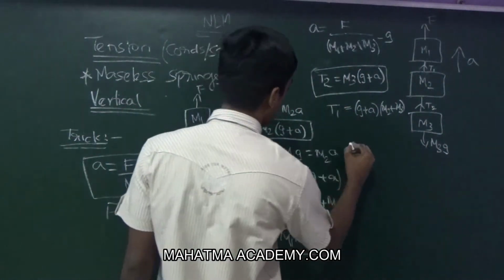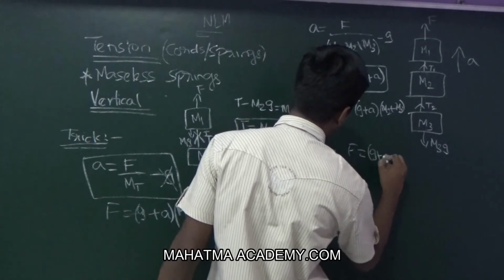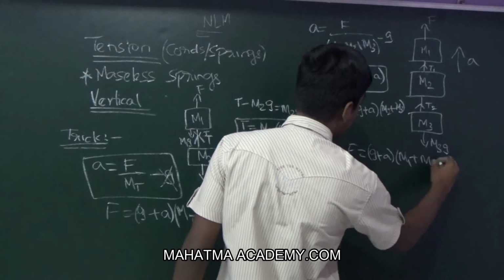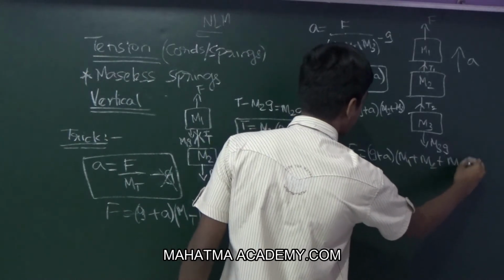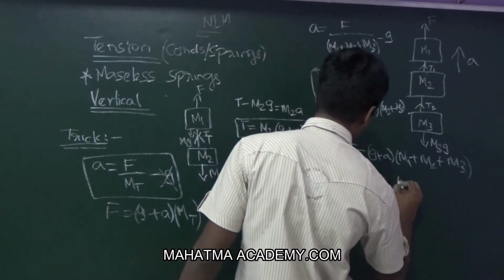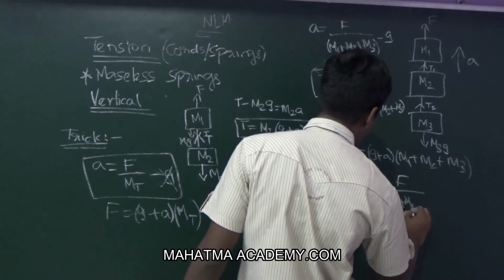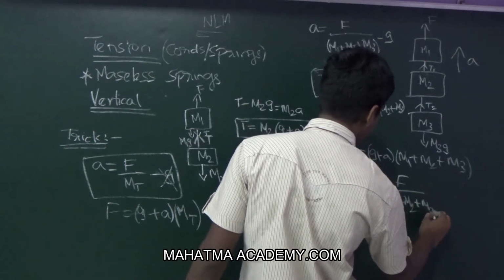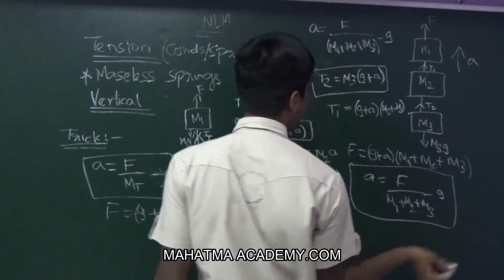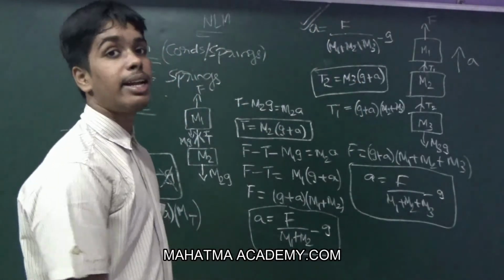Okay, the force is (G plus A) into (M1 plus M2 plus M3). Now we get the acceleration A is equal to F upon (M1 plus M2 plus M3) minus G. We got the same result as we analyzed earlier.